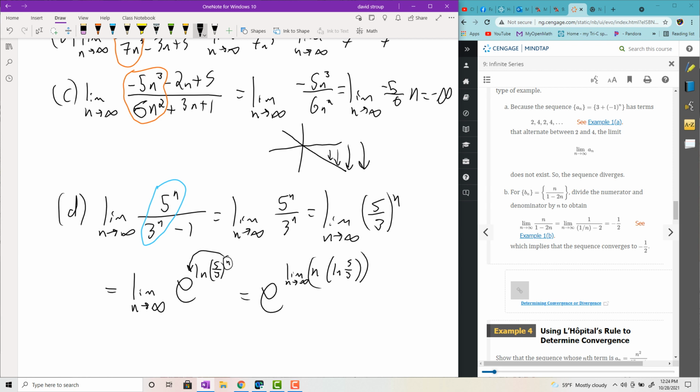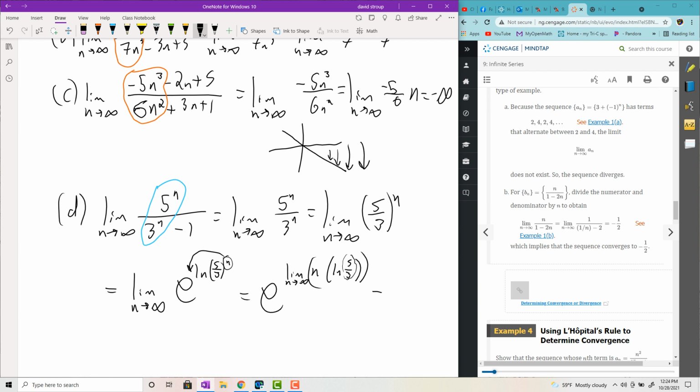And so long as the input of the natural log is greater than or equal to 1, this limit will, well, if it's greater than 1, it'll go to infinity, right? If it's equal to 1, then the exponent will equal 0, and it'll just equal 1. If it's less than 1, then that exponent will be negative, and you'll have e to the negative infinity, which will go to 0.